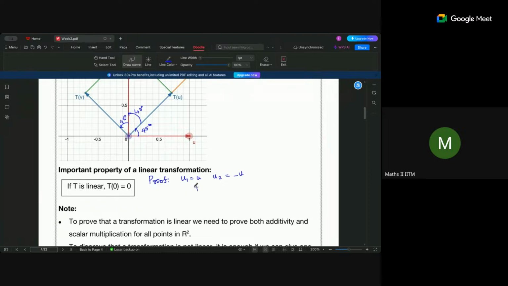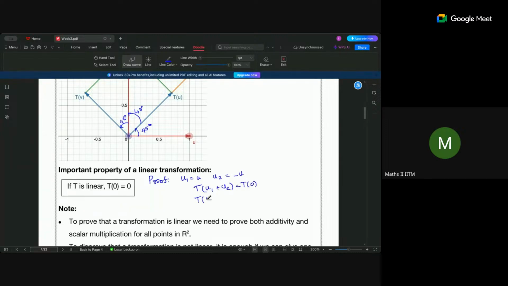Then what is T of u1 plus u2? Yes, can you tell? Yeah, 0. Right. So you see that it is T of 0, right?